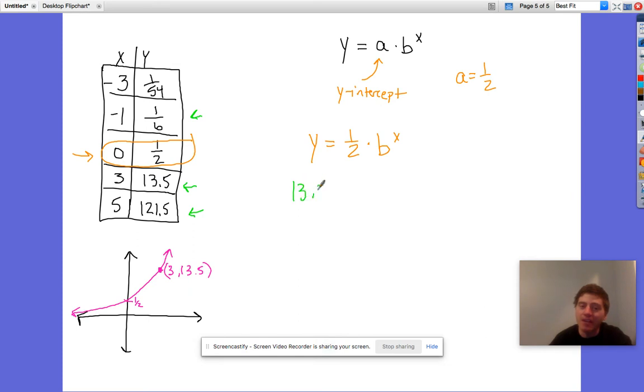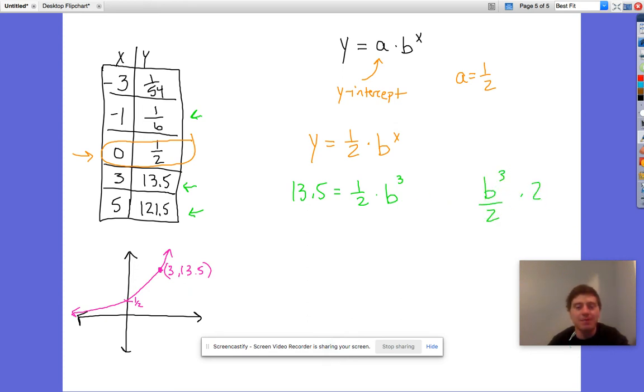I can say 13.5 is 1/2 times b to the third. Right? Now, we've got to solve it just like we did in the last video. So we have to do reverse order of operations and first get rid of this times 1/2. We can get rid of times 1/2 by dividing by 1/2, or you can also think of this as, right, 1/2 times b to the third is just b to the third over 2.